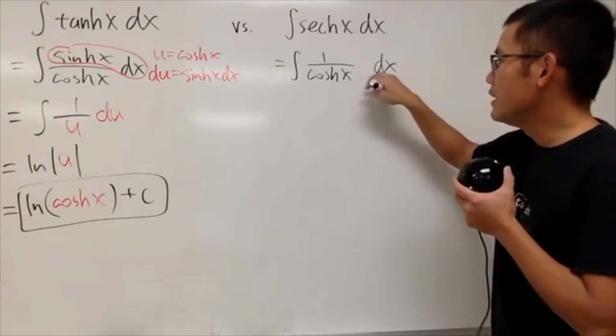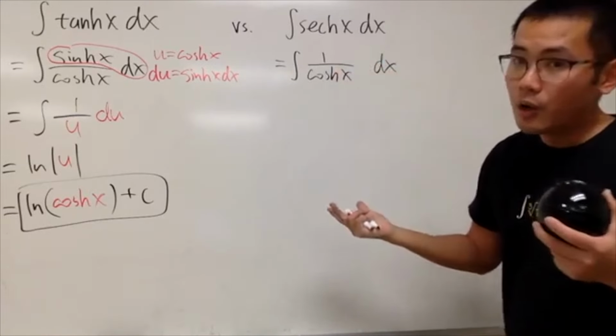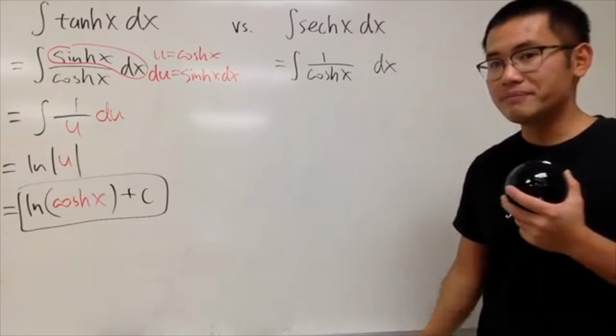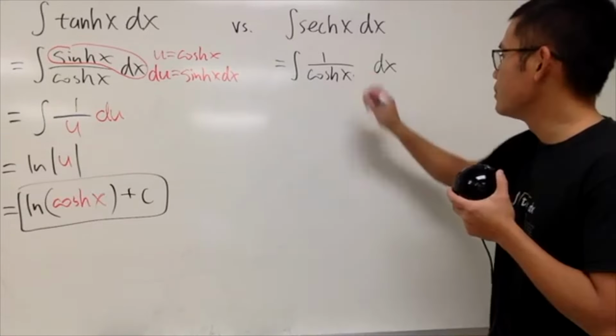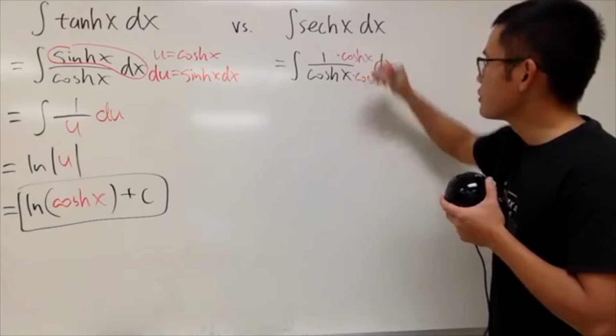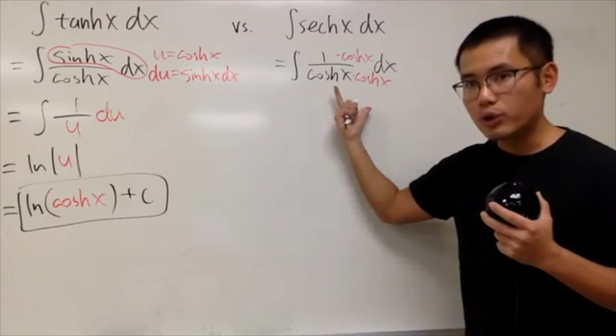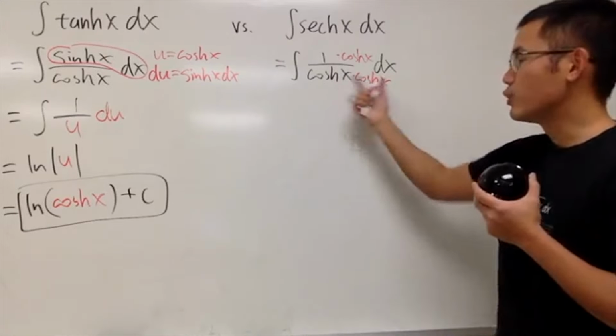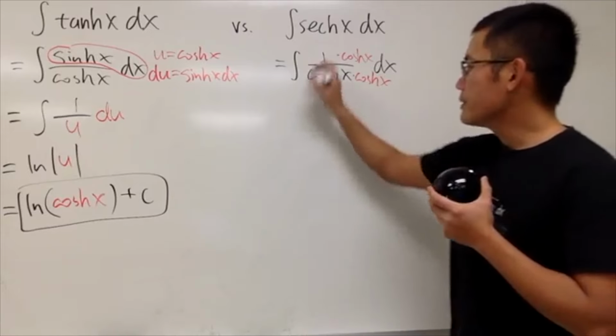Because on the bottom, if I have sinh x times cosh x, well, that's an identity that I don't know if that will be any good for us. So I will actually multiply this by cosh x on the bottom and also on the top, because that way I can produce cosh square x on the bottom, and we do know a much better identity to help us out for that.